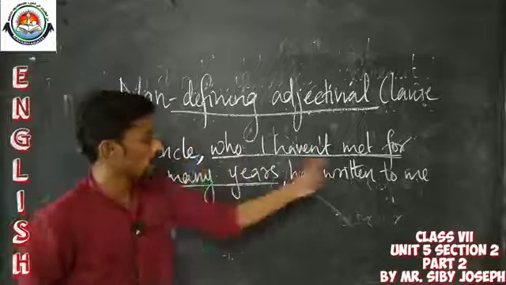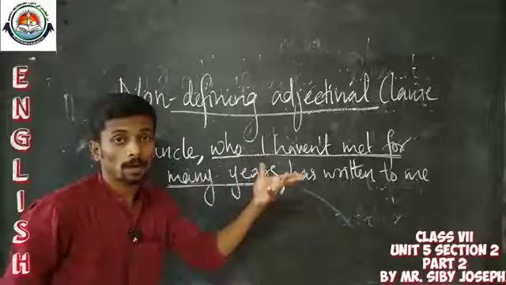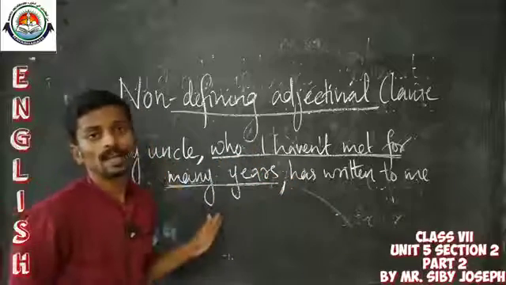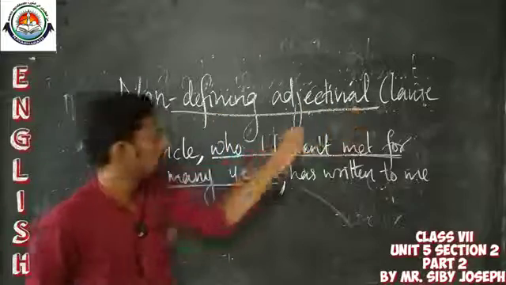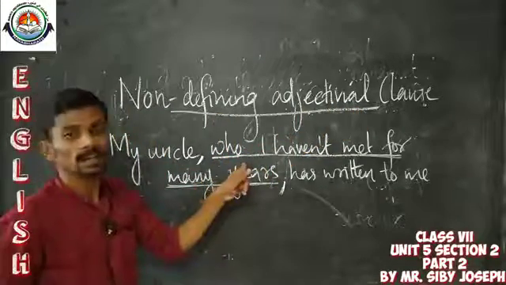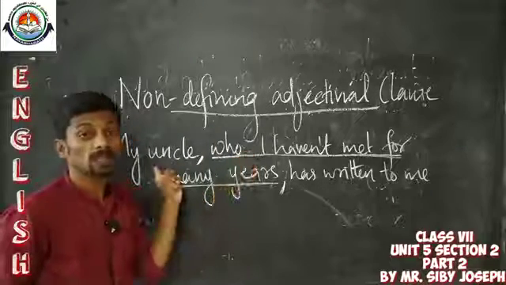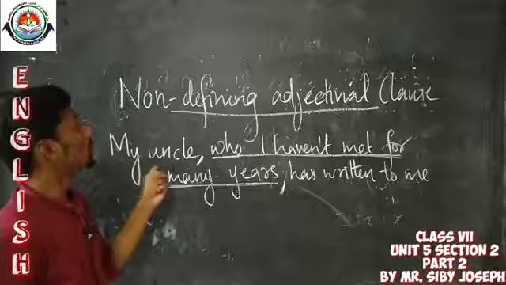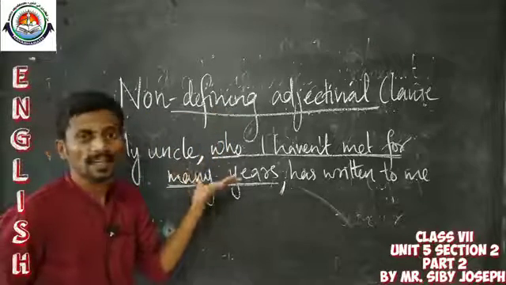So, an adjectival clause which gives some additional information about a subject is known as a non-defining adjectival clause, simply because it doesn't define who the subject is. That is why it is referred to here as non-defining, because it is not defining anything.